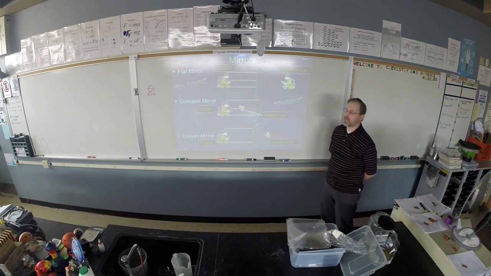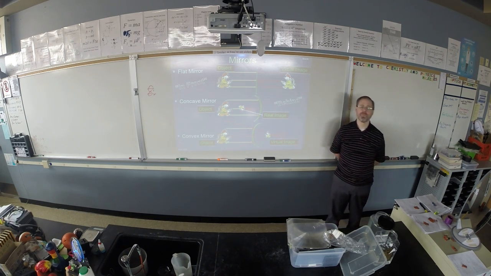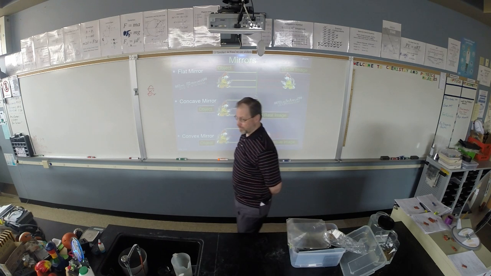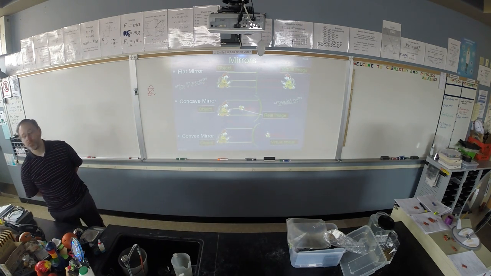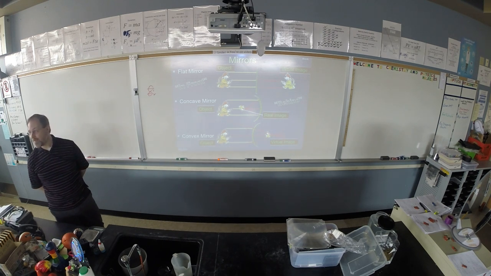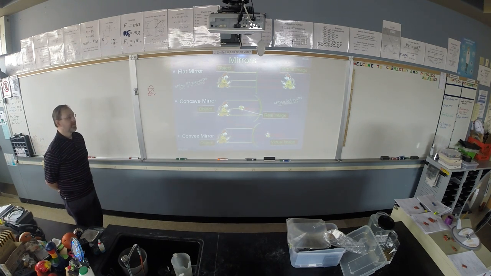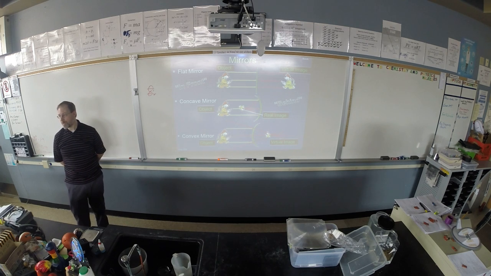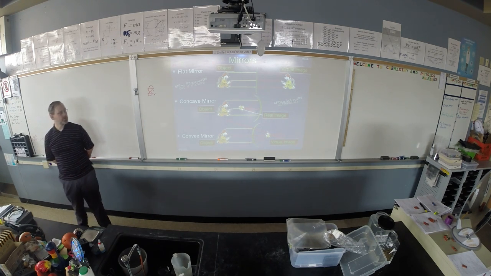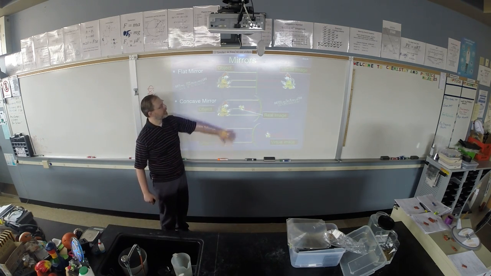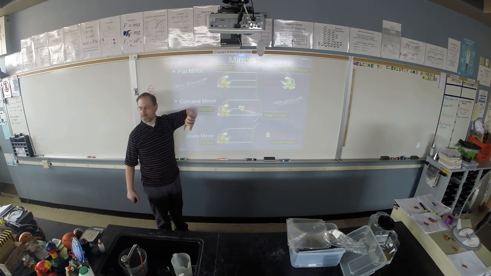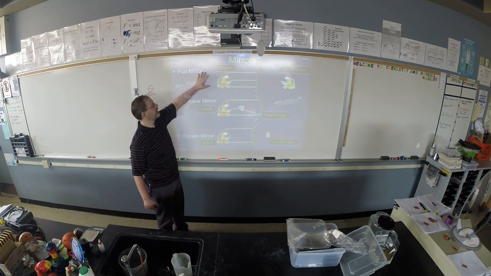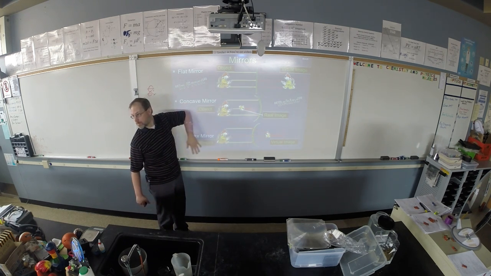All right, when we're talking about things being in front of a mirror, the object will always be in front. The image may be behind the mirror or in front of the mirror. If an image forms in front of the mirror, it's a real image. This is the real side of a mirror. In other words, if the light is where it should be, bouncing off the mirror, then the light is real.